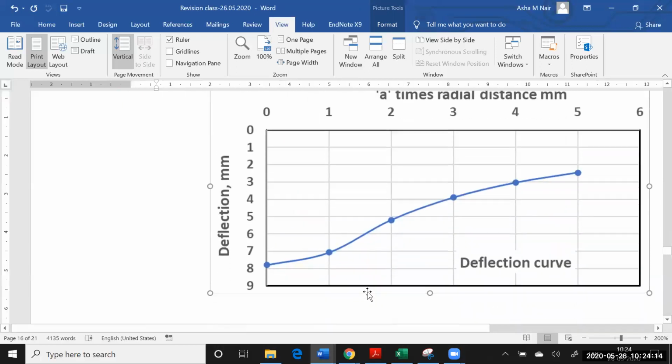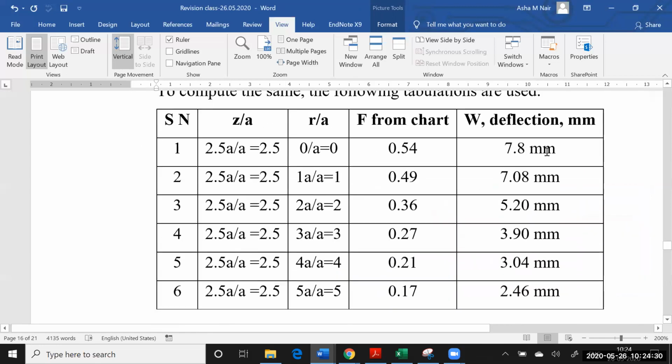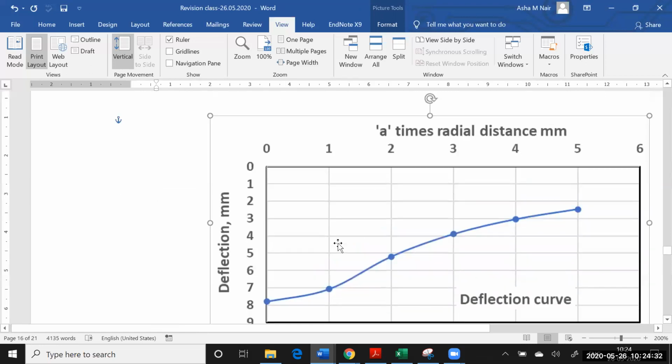So I hope this methodology is clear. This is the deflection in mm, and this is the maximum value for deflection, which is 7.8, and I have got it like this.